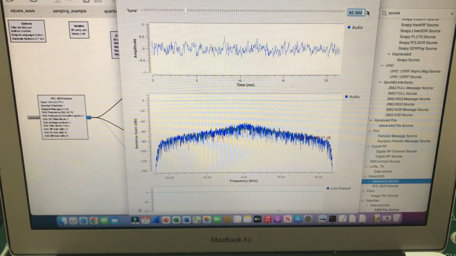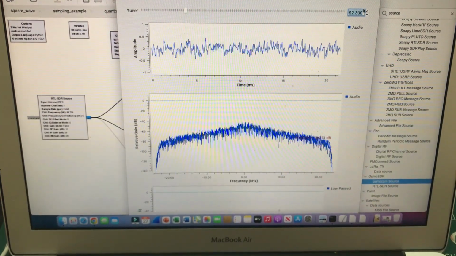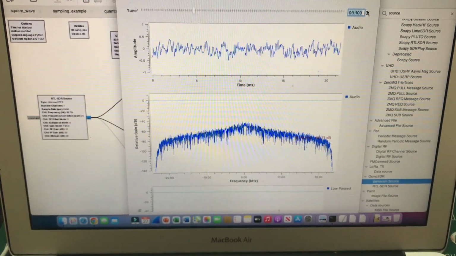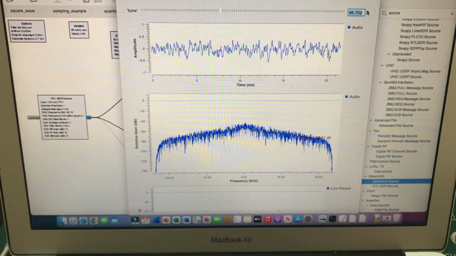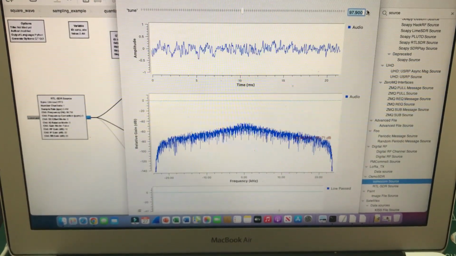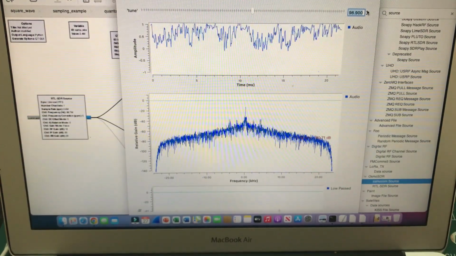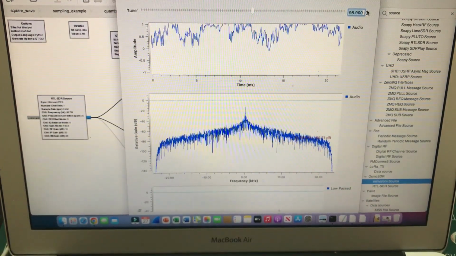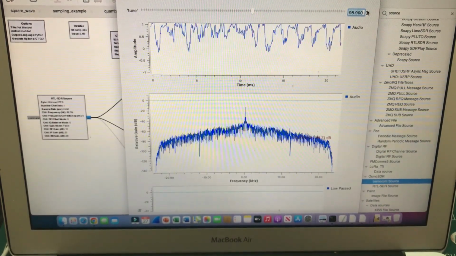Because I have a crappy antenna attached to my SDR dongle, that's why we're not seeing clear audio. Let's just tune in. Here we go. So at 98.9, I'm also getting something.